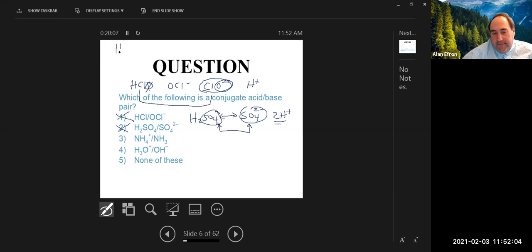So if we had something like sulfuric acid, which is what this is, the first thing that would happen is it would lose one H plus. And the next thing that would happen is that second one would then lose one more H plus.